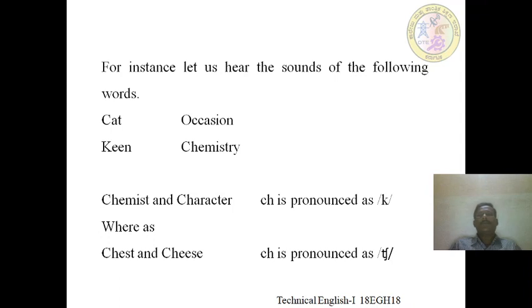And the fourth, CH. Here the combination of these two consonants usually gives the sound ch, but here it is pronounced not as chemistry with ch but as chemistry with k. In chemist and character, ch is pronounced as k, whereas in chest and cheese, ch is pronounced as ch.